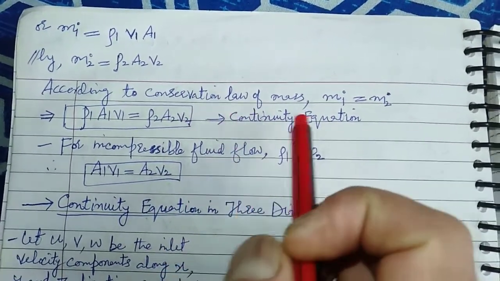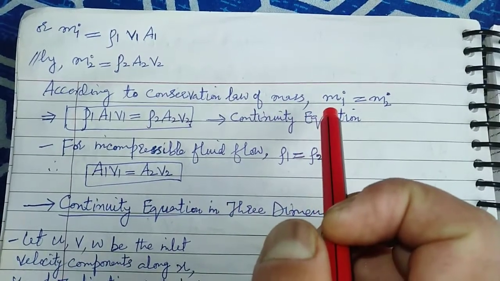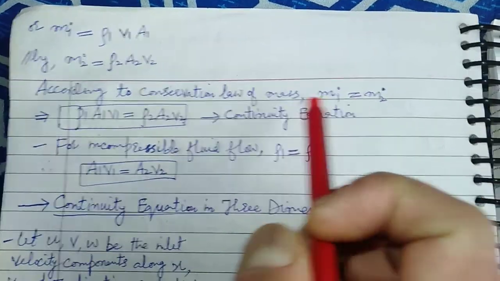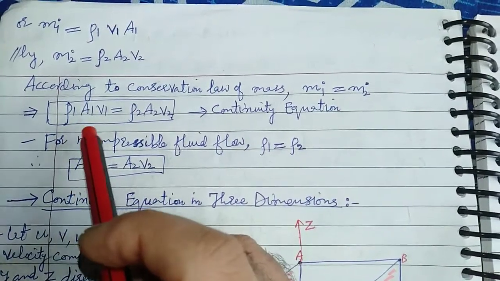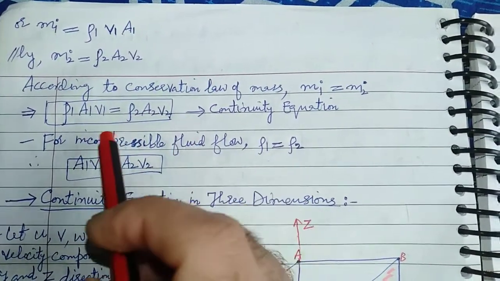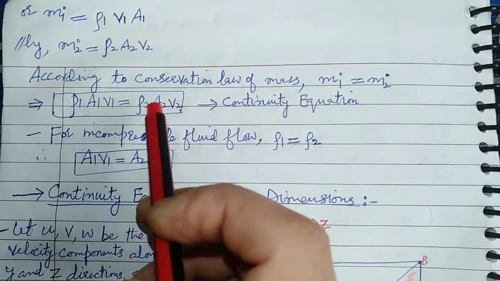According to the conservation law of mass, as I already told you, according to the continuity equation m1 dot is equal to m2 dot, so we can say rho 1 A1 V1 is equal to rho 2 A2 V2. This is the basic general equation of continuity.